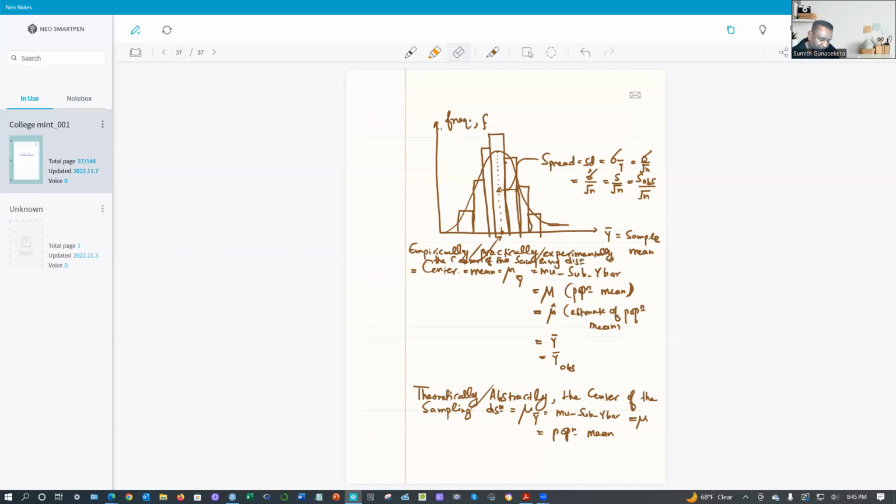This one is empirical, and this one is theoretical. So theoretically you have this one.